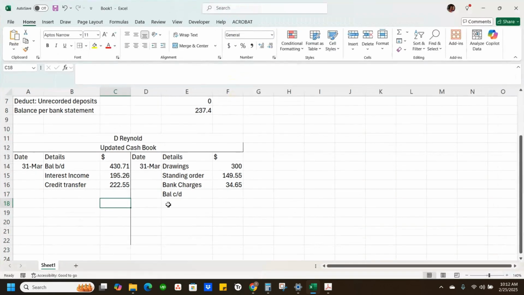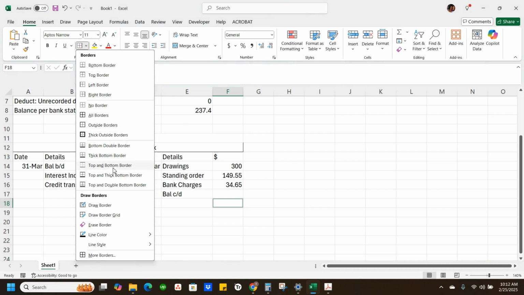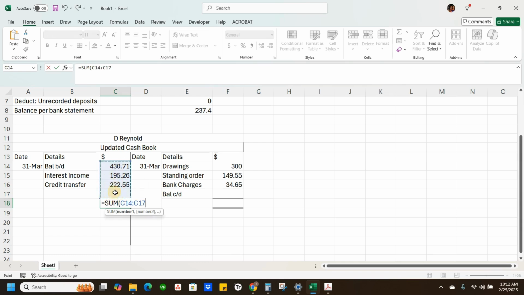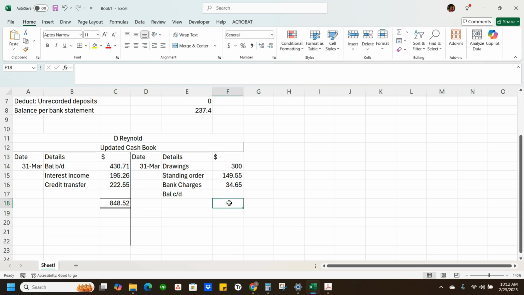Let me make this bigger again so that I can do my adjustments one time. Total everything on the debit side.